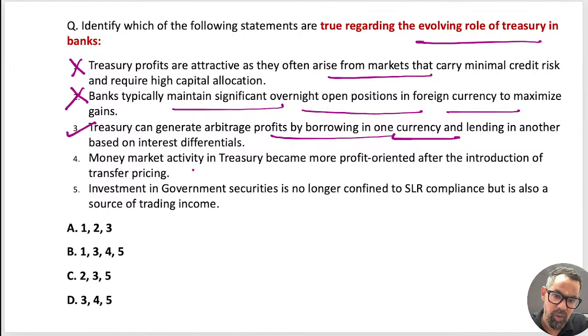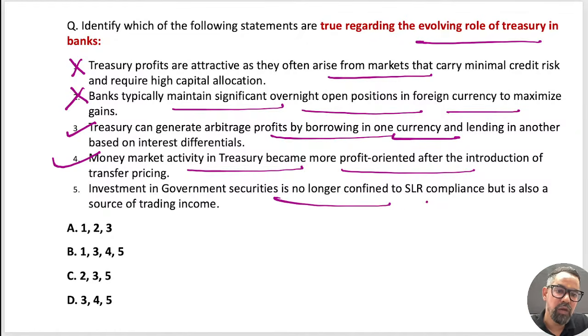Next one is money market activity. Treasury become more profit oriented after introduction of transfer pricing. Investment in government securities is no longer confined to SLR compliance, but is also a source of trading income.